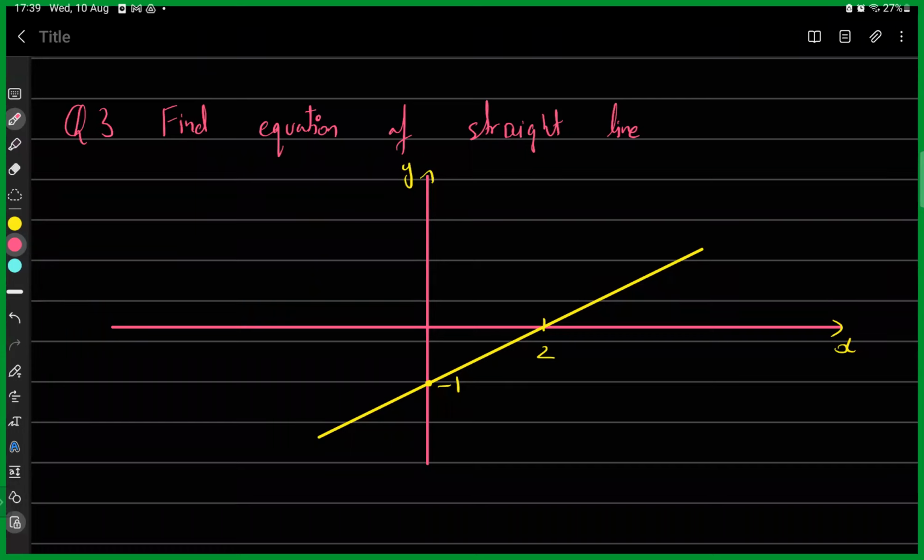Well done. Excellent, Taha. Your answer is also correct.